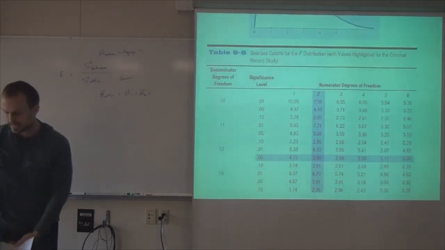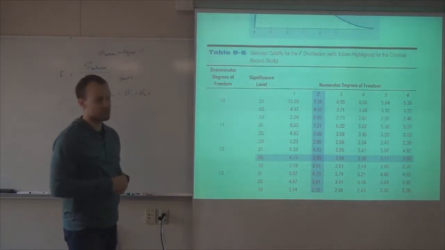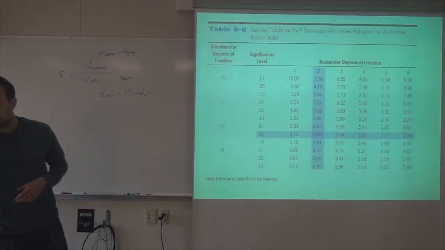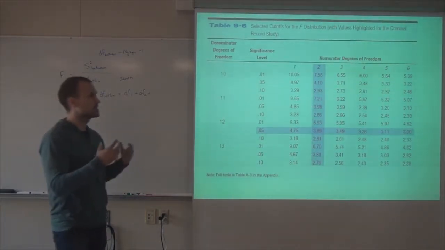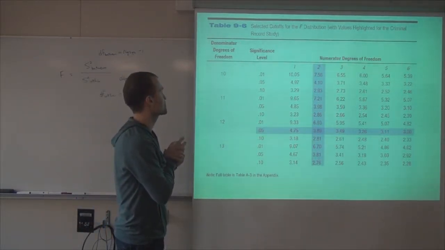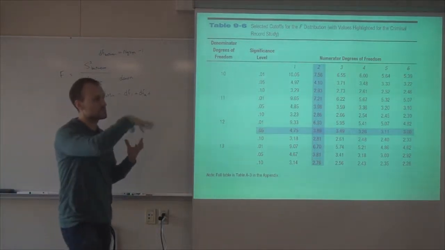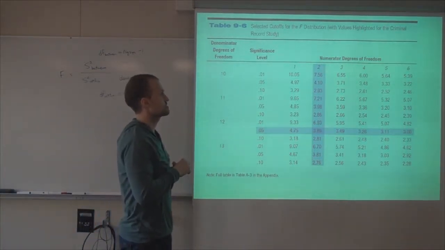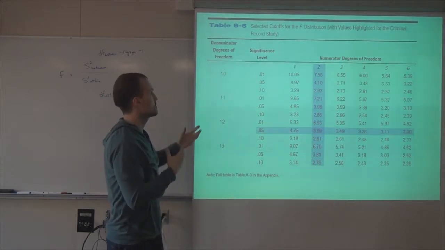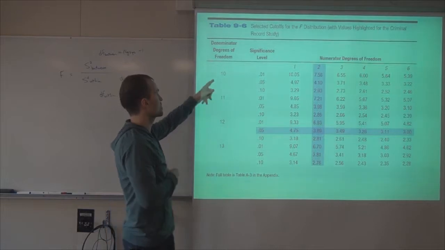So when I look at something like page 678, I'll see that the distribution table now looks a little more complicated. There are now two different degrees of freedom that combine to give me a specific F distribution. So the table is a little more limited for practical use in a textbook.